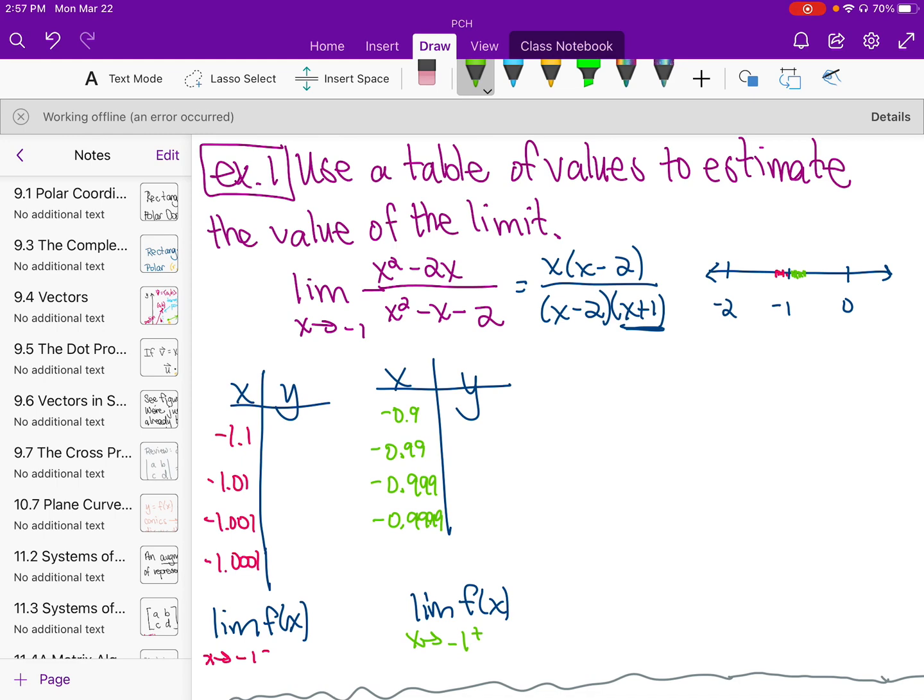Okay, so what I'm going to do is I'm going to take out my graphing calculator, and I'm going to type the function into my y equals. So you need to be careful to use parentheses around the numerator and then the division symbol, and then use parentheses around the denominator.